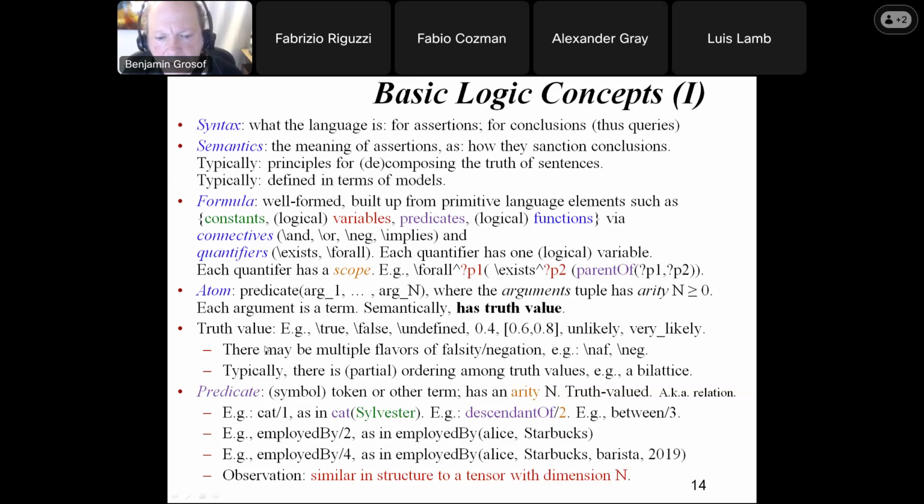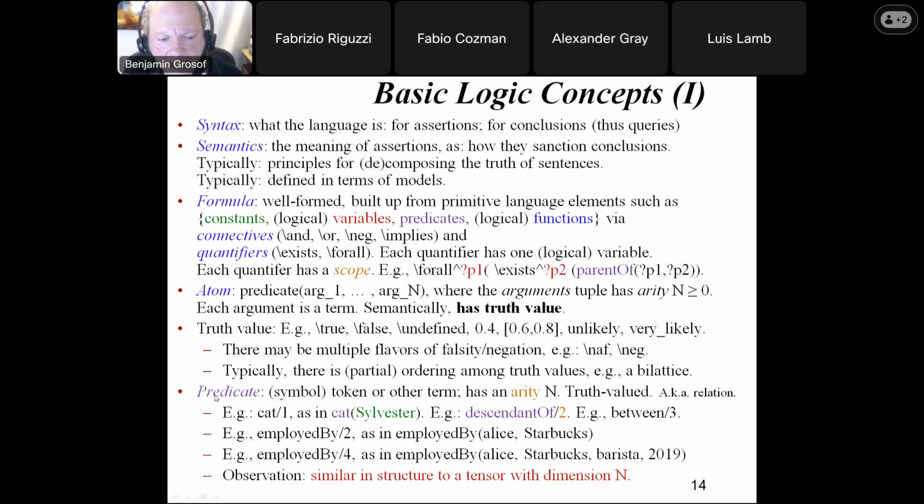There may be multiple flavors of falsity or negation. Importantly, in extensions of logic programs, there's both a weaker and a stronger form of negation, known as NAF and neg respectively. Typically, there's a partial ordering among truth values.